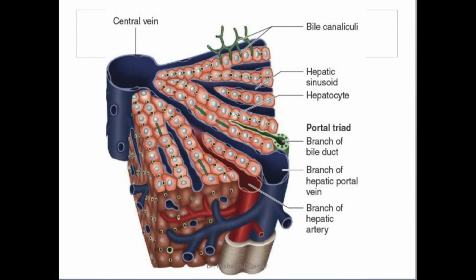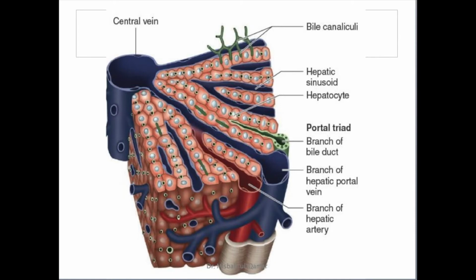Then there are fibrous septa which separate adjacent liver lobules. And in the septa lie the bile ducts, portal venules, hepatic arterioles, and the lymphatic vessels. The portal venules receive their blood from the portal vein, which is the main venous outflow of the GIT, and from the venules, blood flows into the hepatic sinusoids.